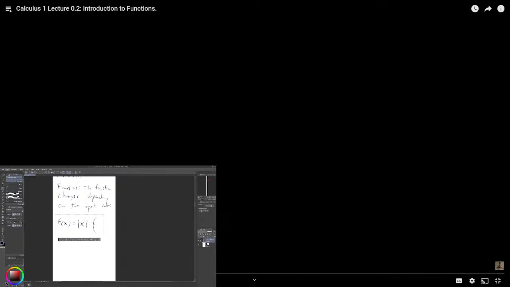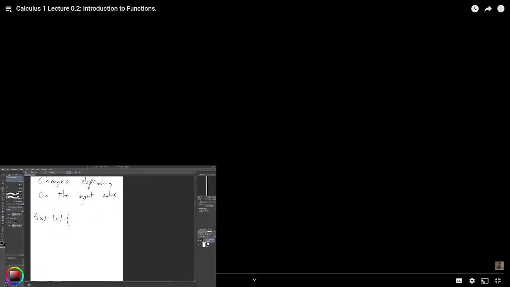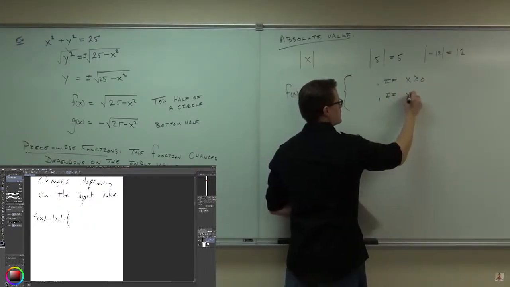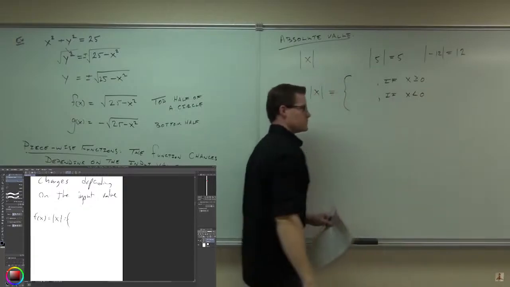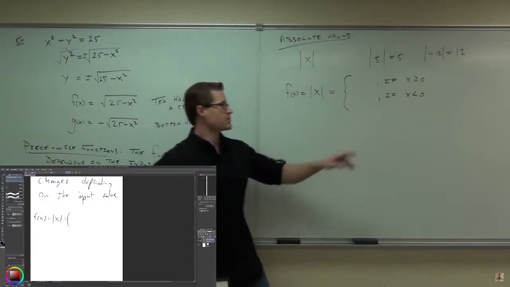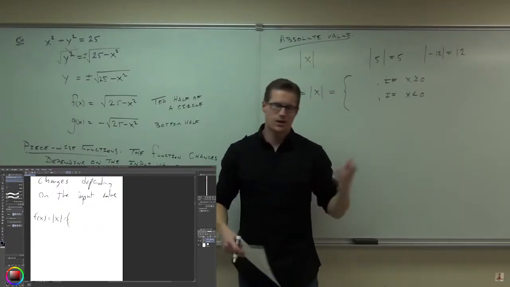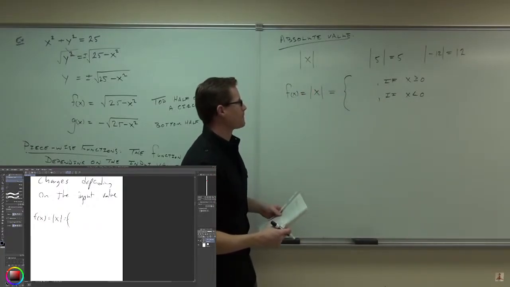It says you're going to do something if x is greater than or equal to 0, and something else if x is less than 0. Some people define it as strictly greater than, strictly less than, and then when x equals 0 itself. We're going to define it like this.